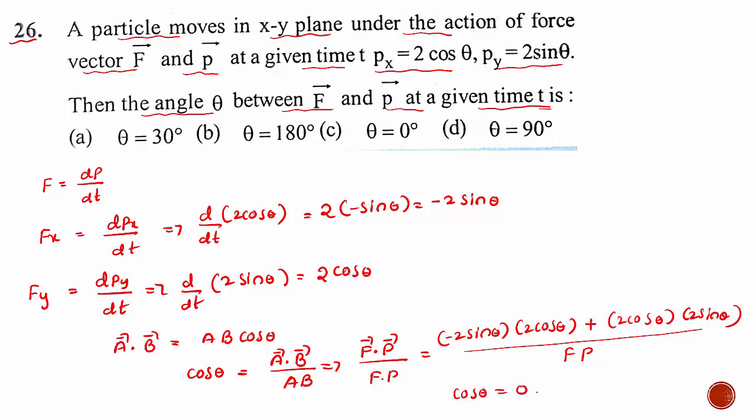Cos theta equal to 0 gives theta equal to 90 degrees. So the angle between them is 90 degrees. Option D is correct.